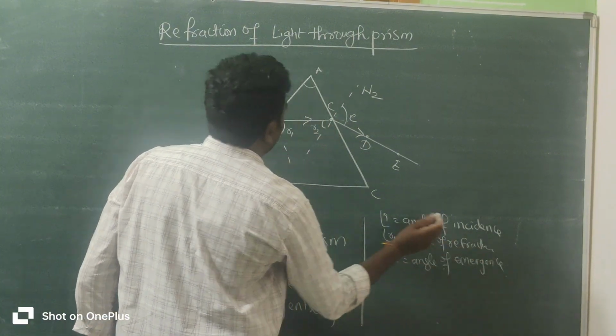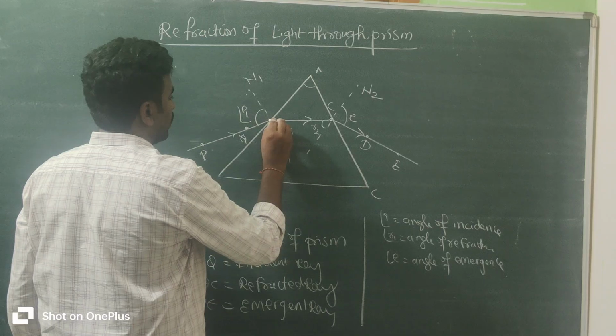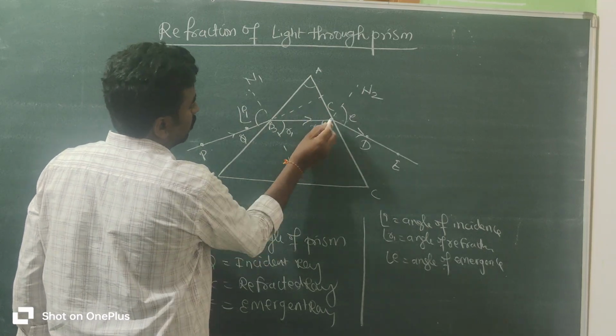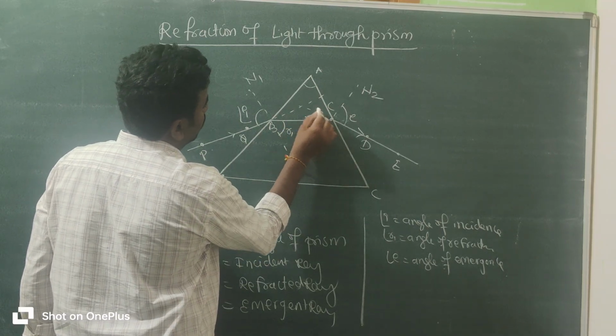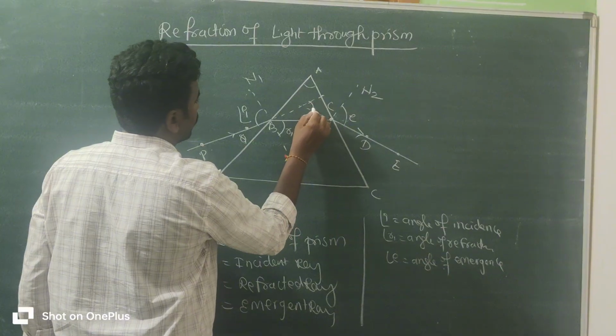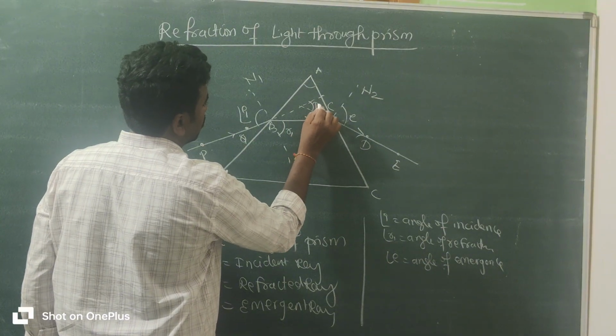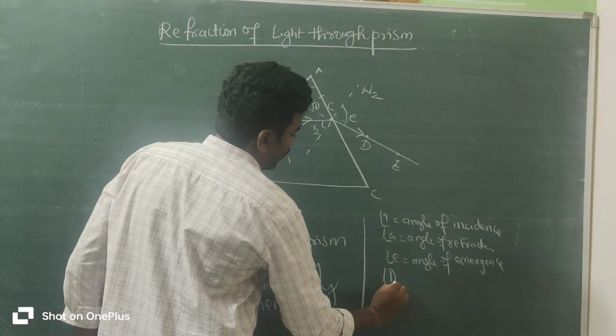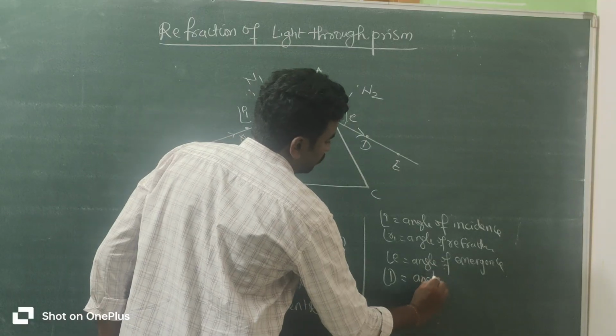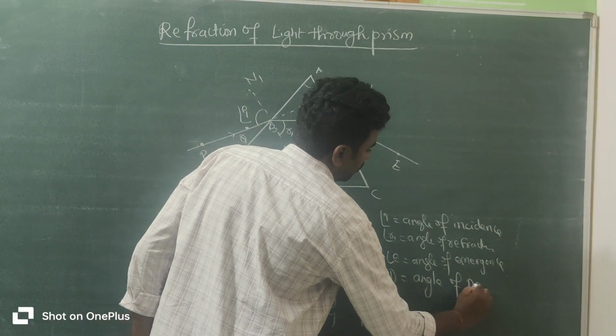And now we have to find the angle of deviation. If you extend the incident ray and the emergent ray, the angle between the incident ray and the emergent ray is called the angle of deviation. Angle D is called the angle of deviation.